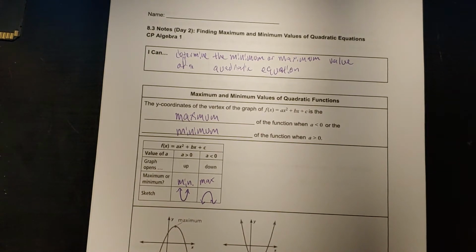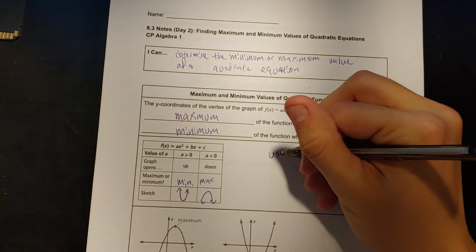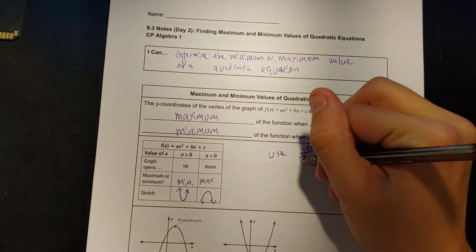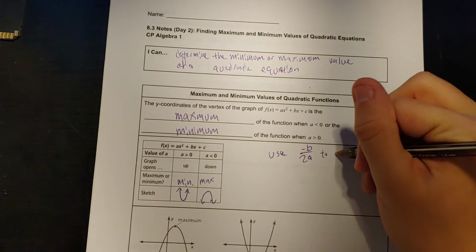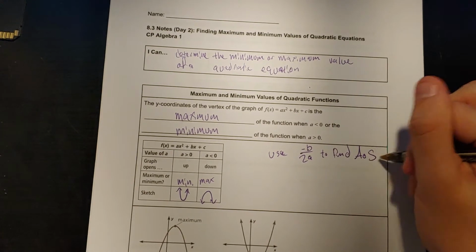Okay, so again, we're going to use the opposite of b over 2a to find the axis of symmetry.